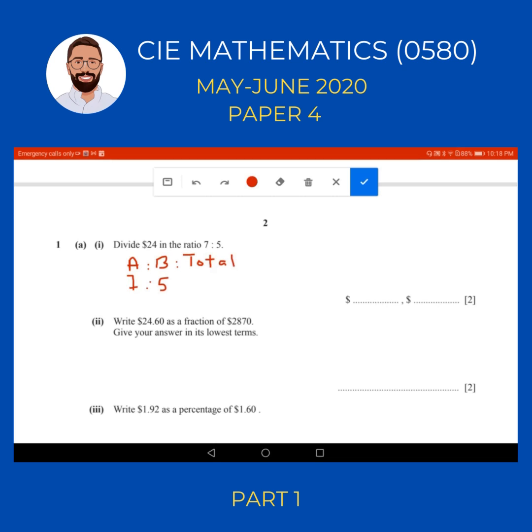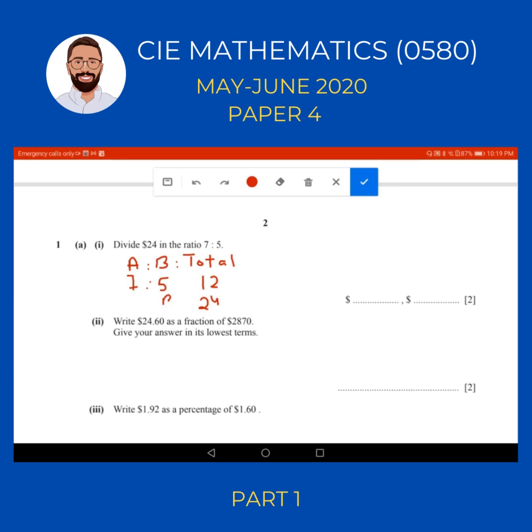The total of the ratios is 7 plus 5, which is 12. Now I want to divide a total amount of $24. So under the total, I'm going to write 24.